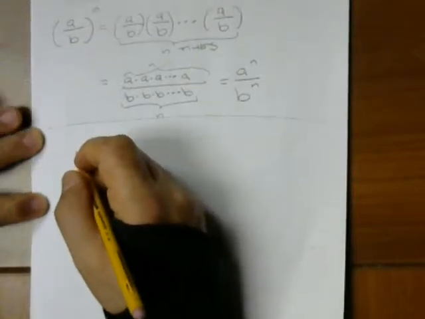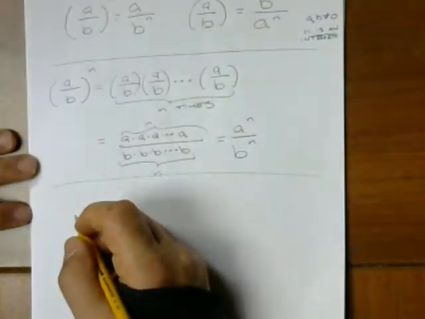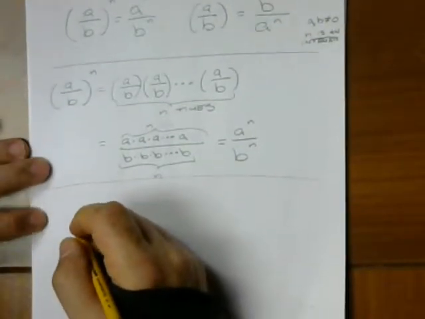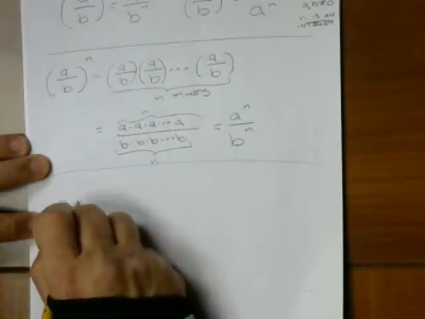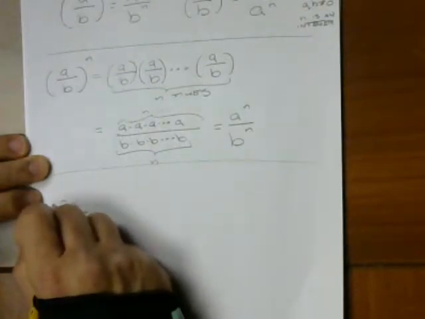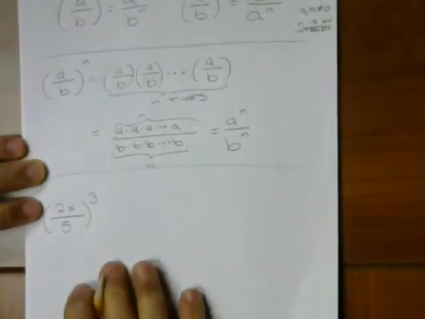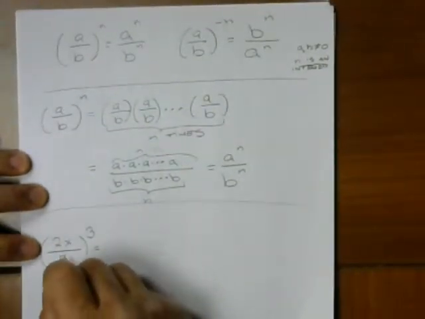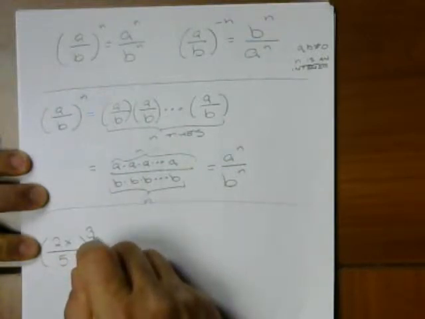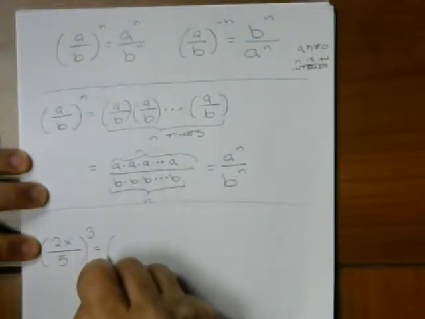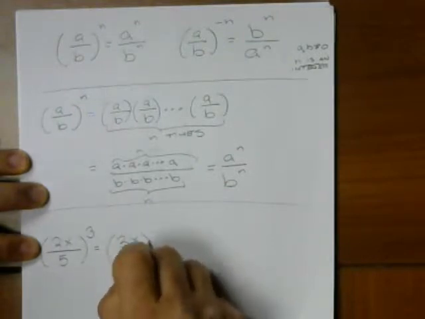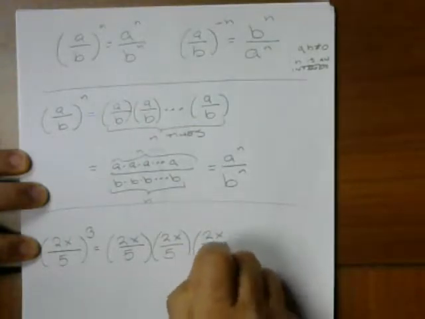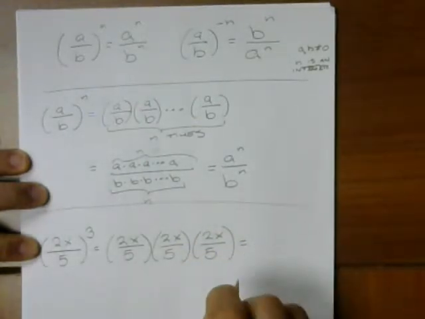So let's pretend that we forget everything that we just saw right here. We've forgotten it all. And we have some problem with an a over b to the n. So let's say we have 2x over 5 cubed. Well, remember, anything cubed is that thing times itself times itself. So if we do forget the rule, what happens?